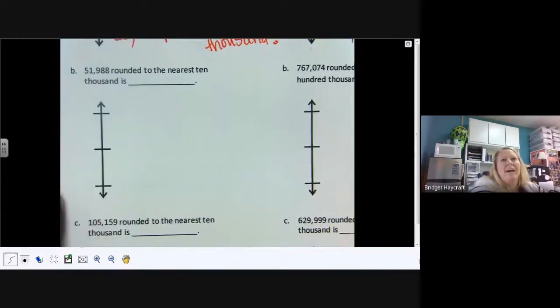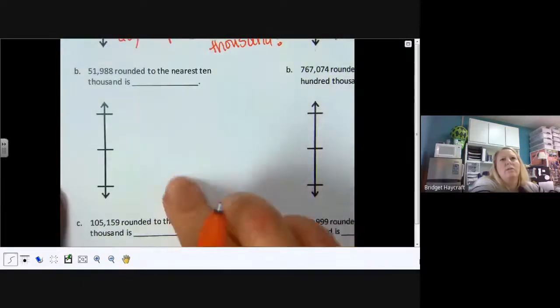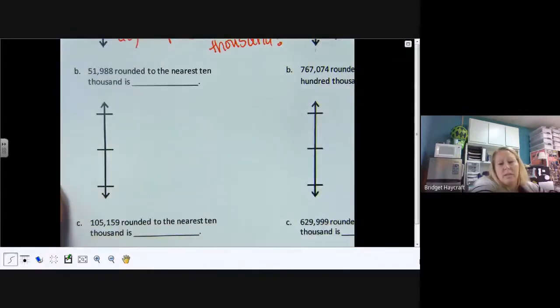Everybody in chat, what am I going to look for? What am I trying to round this number to? Who's going to be first? Oh, 10. It's rounding to the nearest 10. I don't think you're right. It's not 10. Leland, you put a number.